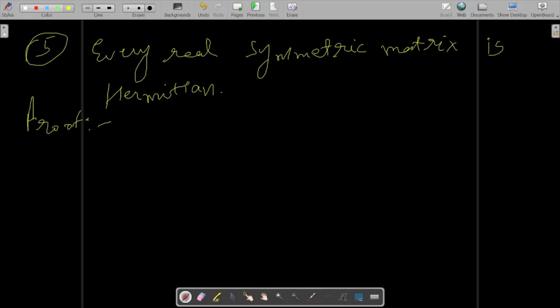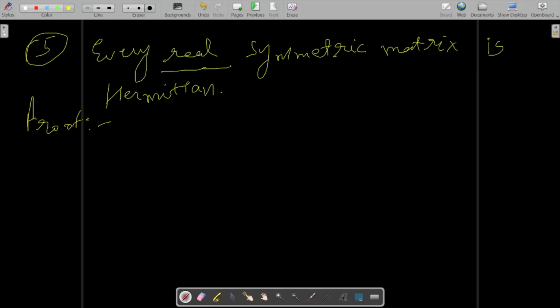That is called a symmetric matrix. Real means all the elements will be real. So such a matrix is Hermitian also. We have to prove this.